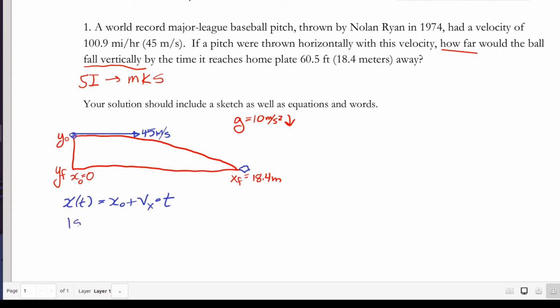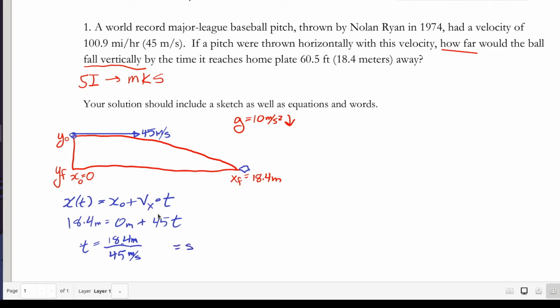So we see that 18.4, the final distance in meters, equals 0 meters, the location where we start on the pitcher's mound, plus 45t. Solving this equation for t, we see that t is equal to 18.4 over 45. Let's check our units. 18.4 meters over 45 meters per second. We see that meters cancels meters, and 1 over 1 over seconds is seconds.